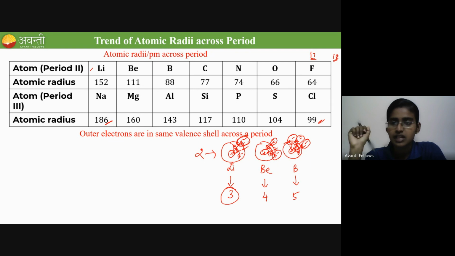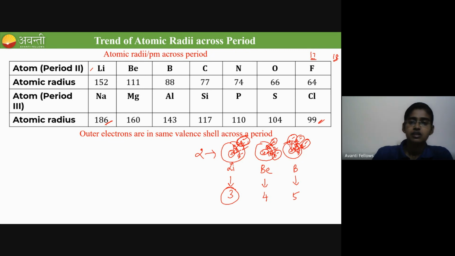Is this clear for all? If it is clear, just give me a response. If it is not clear, type it in the chat box. I will explain again because these are very important concepts which you need to know for the whole inorganic part of chemistry. Is it fine?